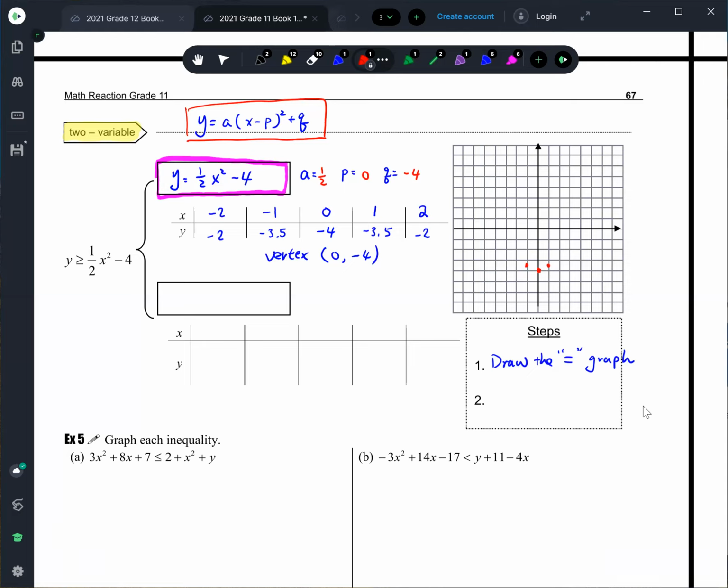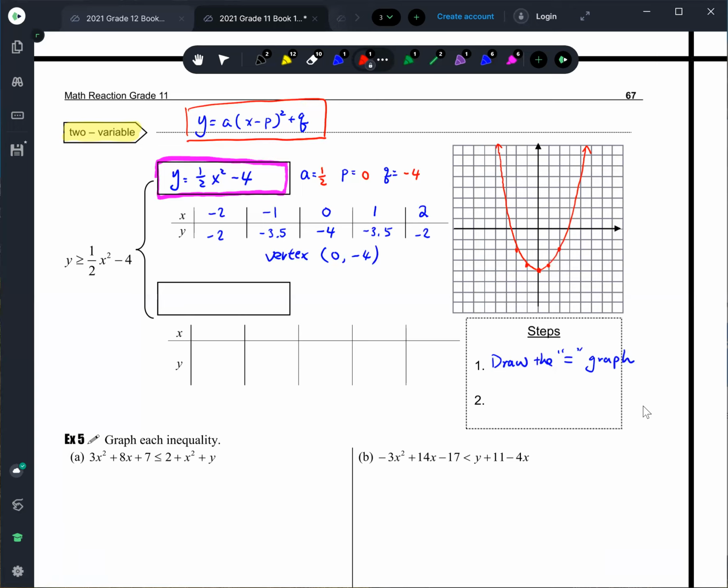And then (2, -2) will be here. So it looks like it opens up like that. Okay, draw all the way to the edge of the graph.